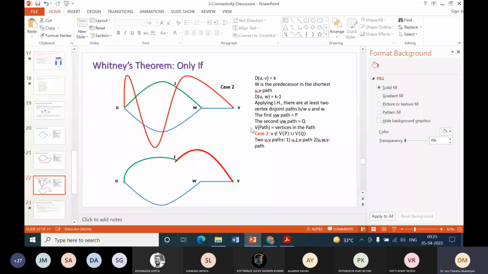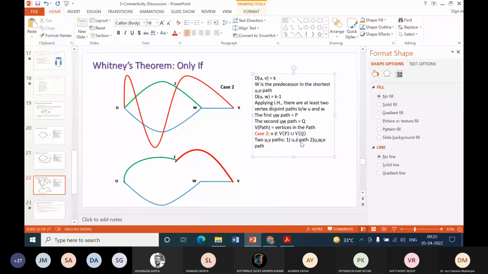One is the UZ portion of the P path and the ZV portion of the R path.